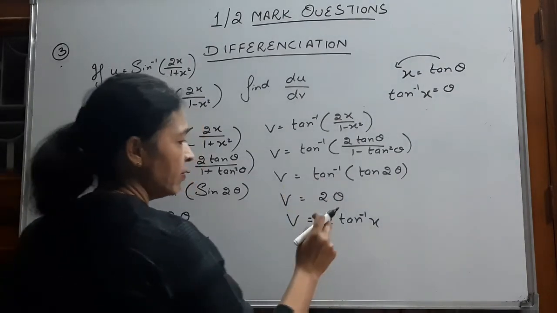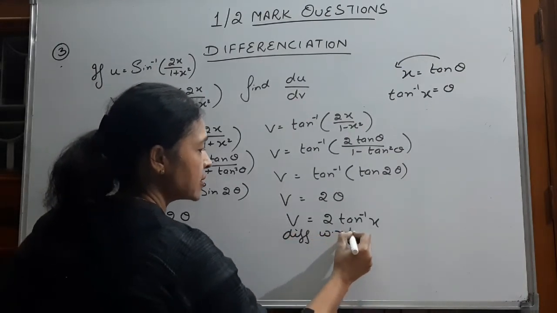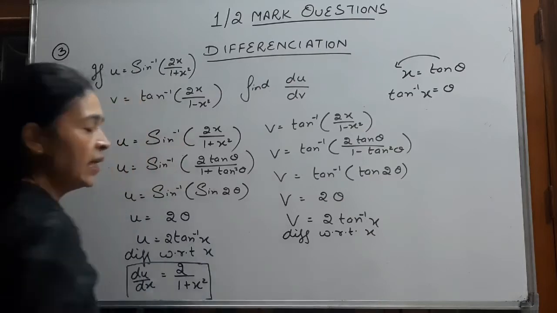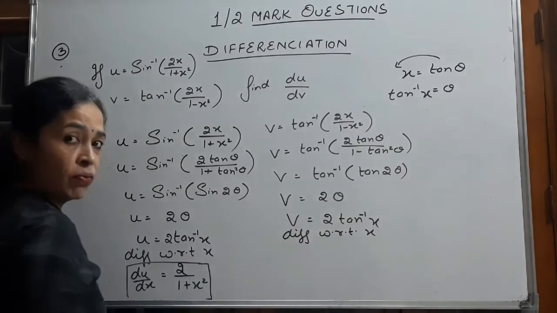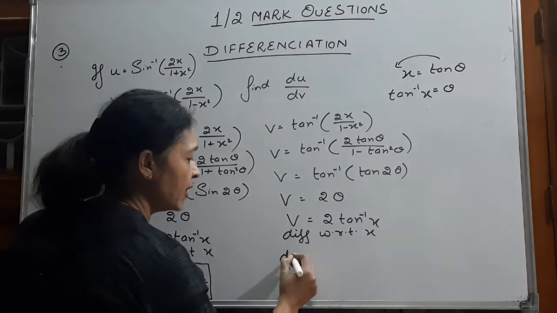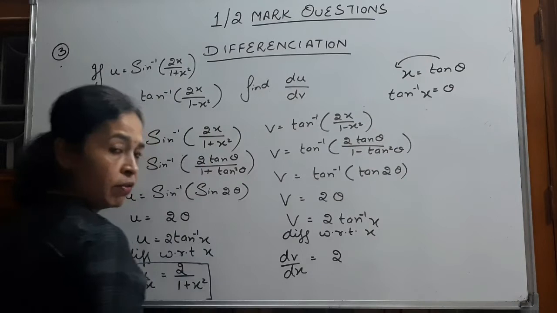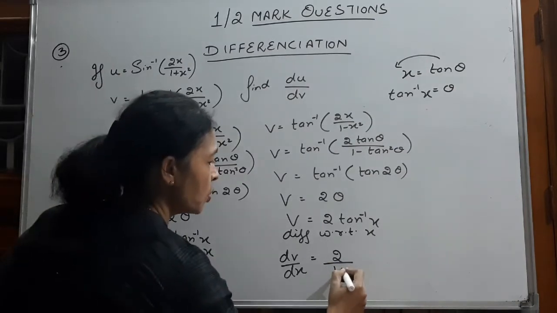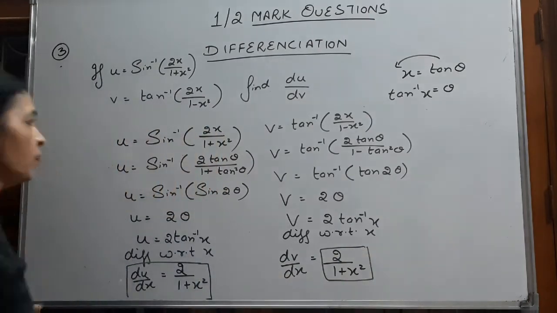Now differentiate with respect to x. d upon dx of v equals 2 into d upon dx of tan inverse x. We will get dv by dx equals 2 into the derivative of tan inverse x, which is 1 upon 1 plus x square. Now, what do we have to find?